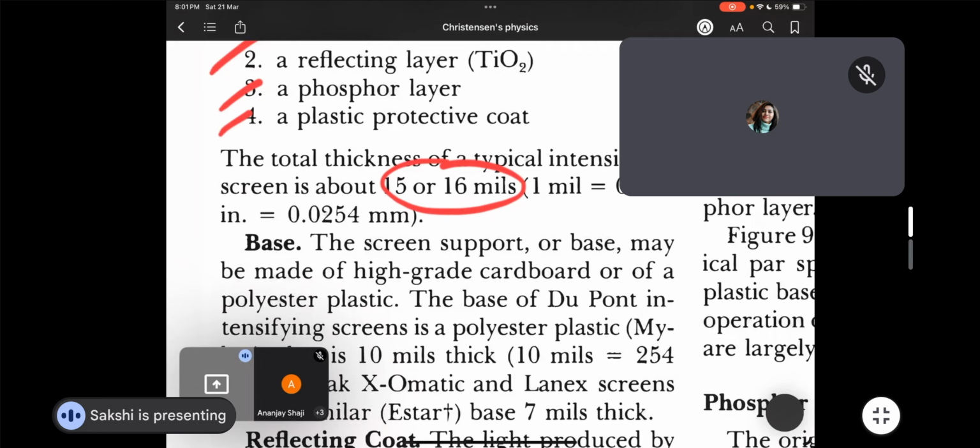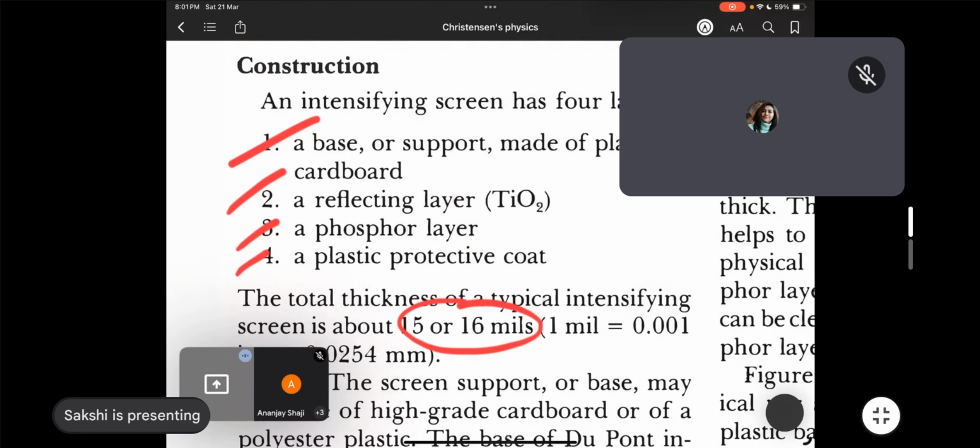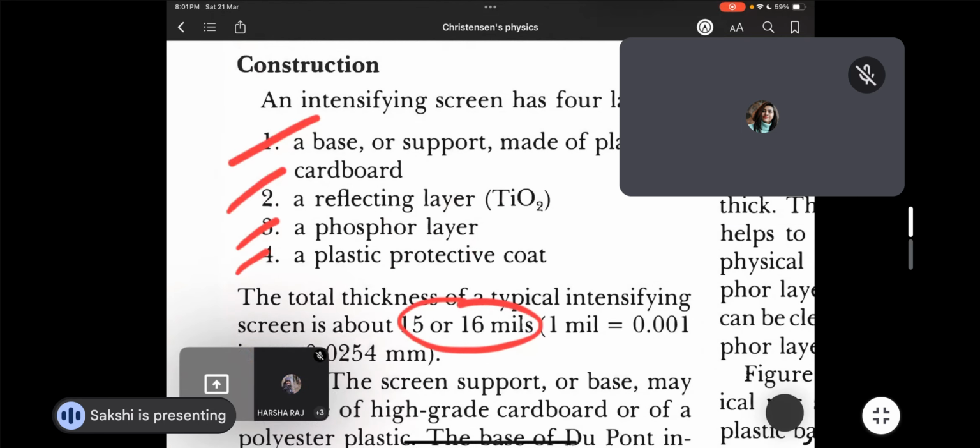You are done with writing so that I can move forward? Please write it. Yes. Everyone done? Once you're done, let me know.